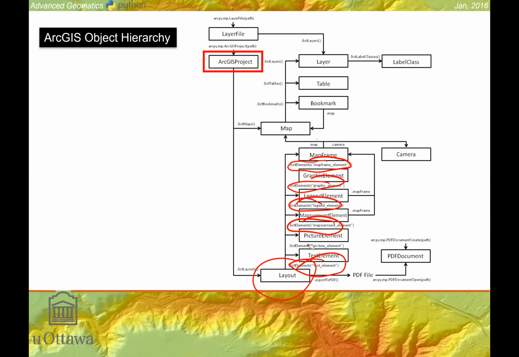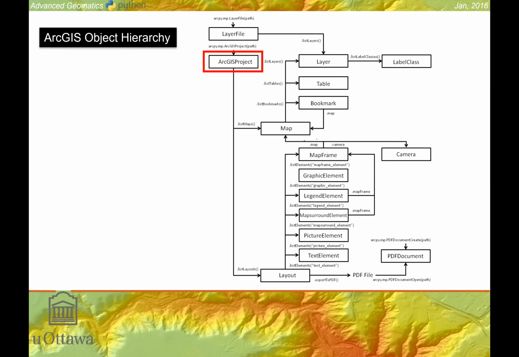So we can list any of those to get them to modify their values. And we can also go through the layout to export to an external file, like a PDF document, for example. So we can export from a layout. We can also export maps using the same functions as well.